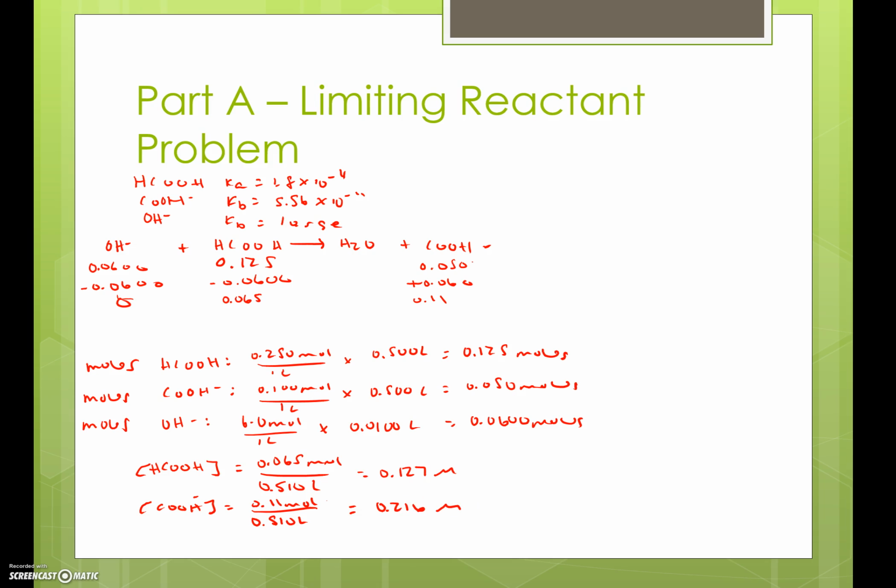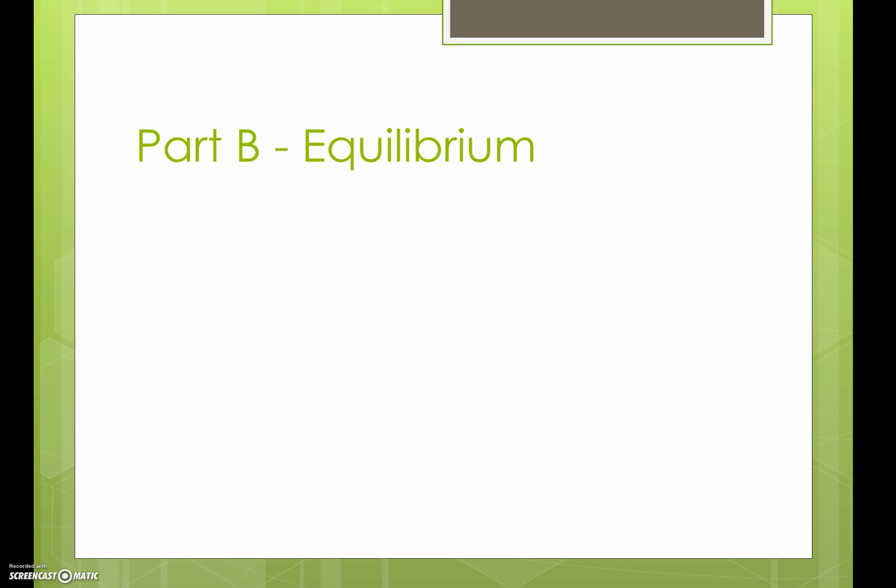We still have weak acid and the conjugate base in the solution, so there's still components of our buffer left over after it's consumed all of the strong base. So now we're going to go on to the second part of the problem, and in the second part of the problem it becomes just like the problems that we were working on before. It's an equilibrium problem. So we need to think about what we have in our reaction and what our dominant reaction is going to be.